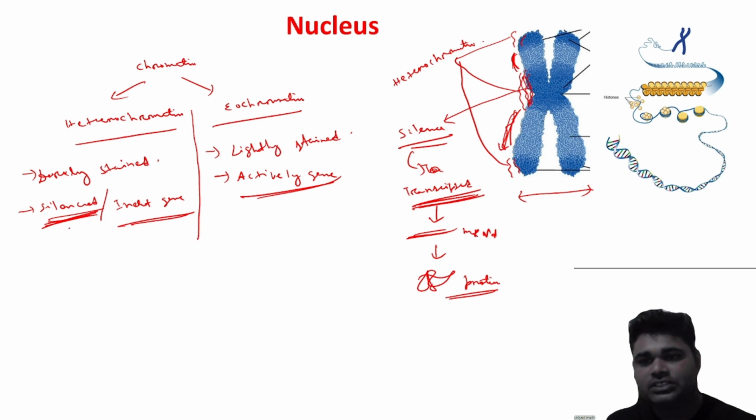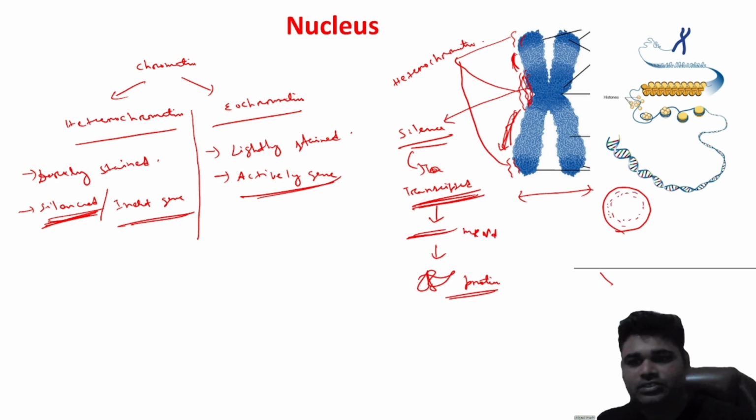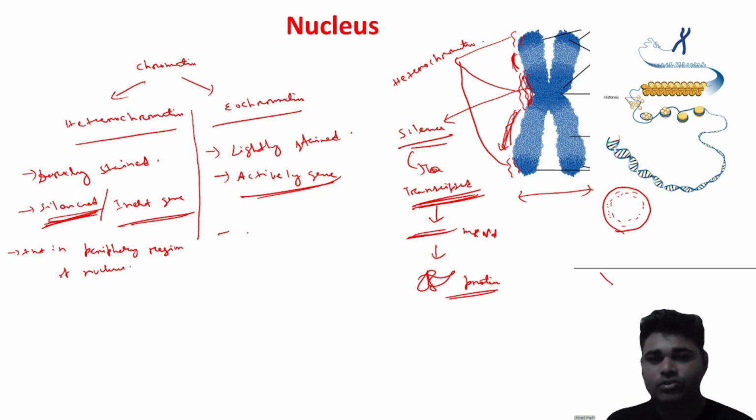So now, because they are silent genes, for example, this is the nucleus. The heterochromatin, because it is the silent or inert structure, is always present in the periphery region of the nucleus, while the euchromatin is present at the center.